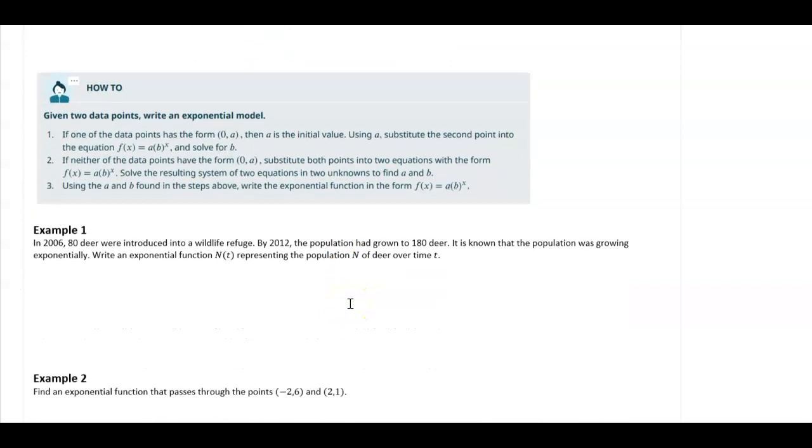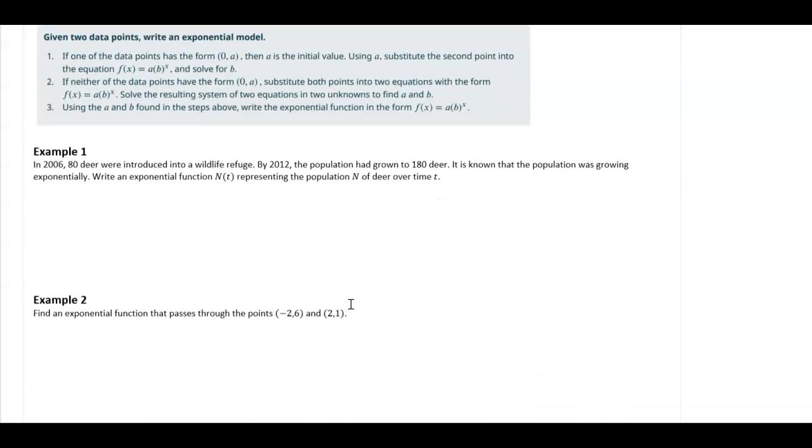And so let's look at how to make a graph if you maybe have 2 data points and know that we have an exponential function. So if there were 80 deer in 2006, and then by 2012, we knew that the population had grown to 180, then we want to find an exponential function here. Well, I'm just going to let 2006 be time 0.